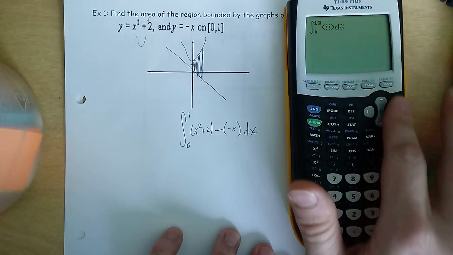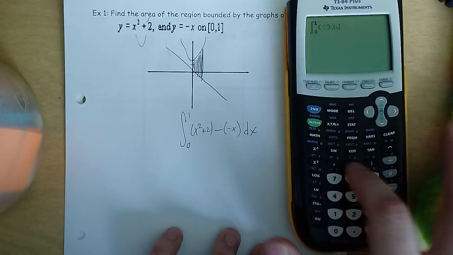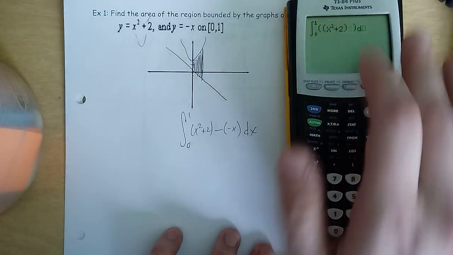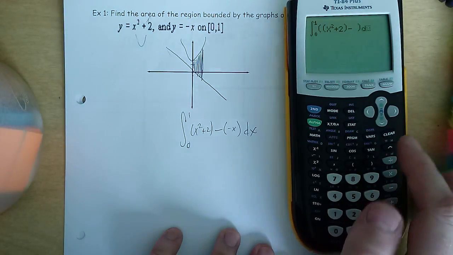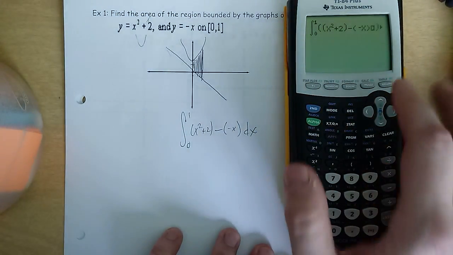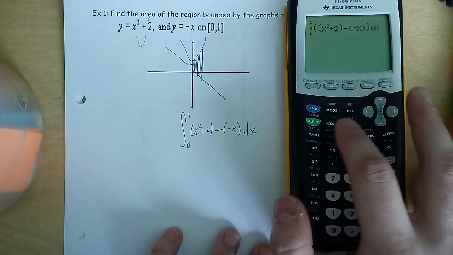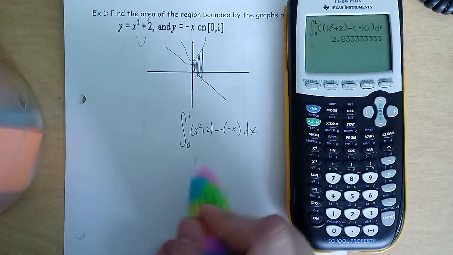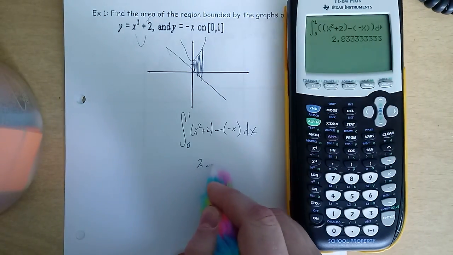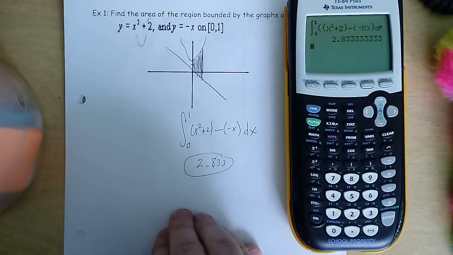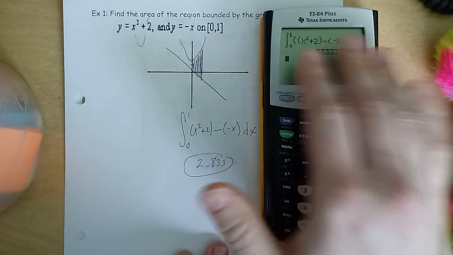I should do one of these in the older school style that doesn't have the cool little formatting to remind you where everything goes, because without it, it's a little harder to remember how to type things in. So I got 2.83, and remember we want 3 decimal places. So that's one way to do it.